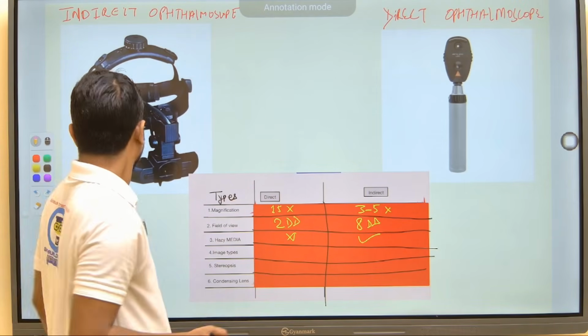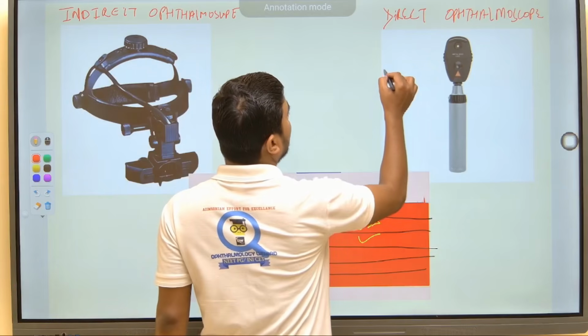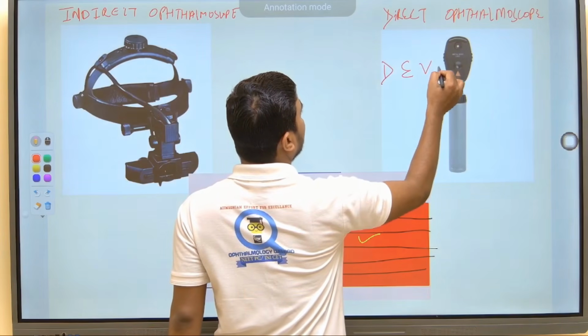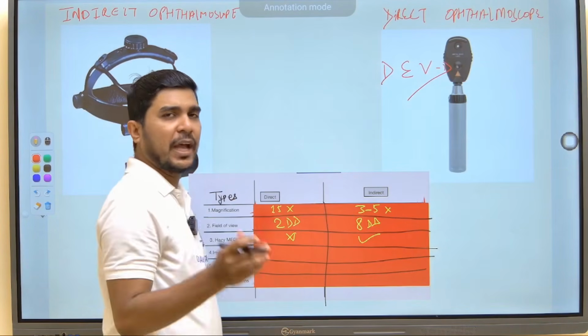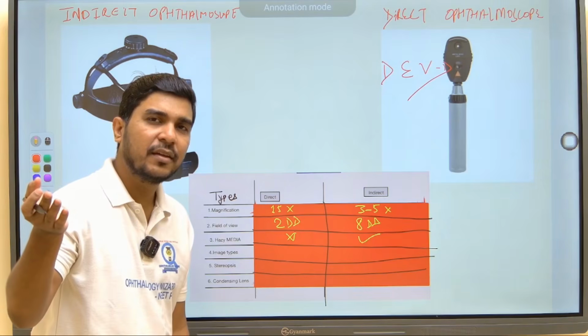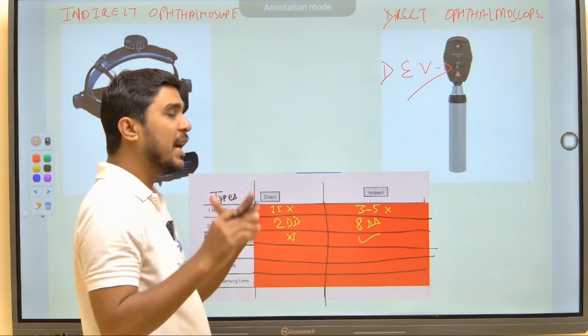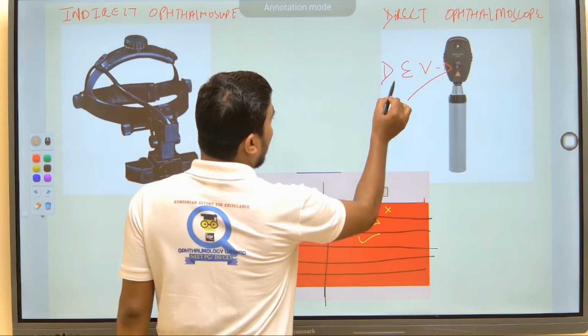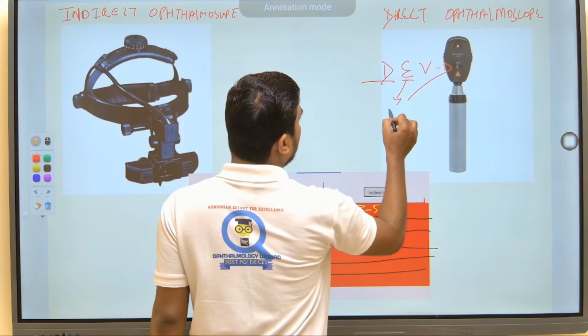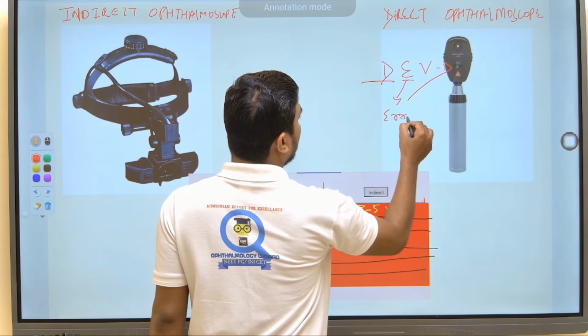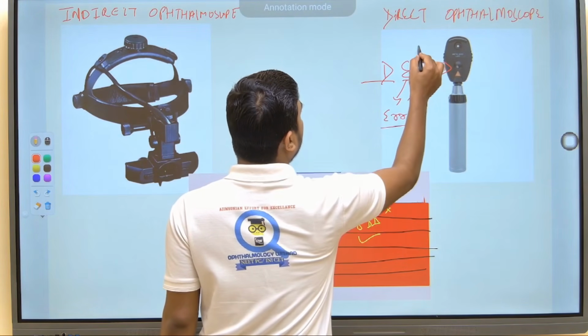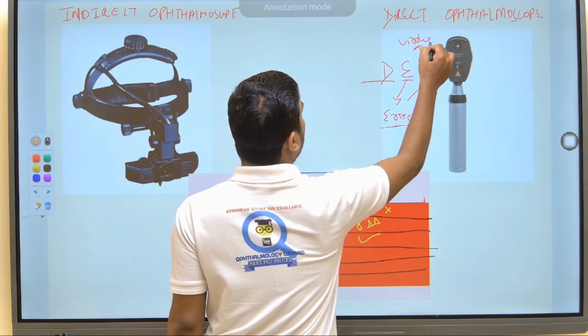Image type. Remember one thing. Have you watched the movie Devdas? So direct ophthalmoscopy: E for erect and V for virtual. Understood?